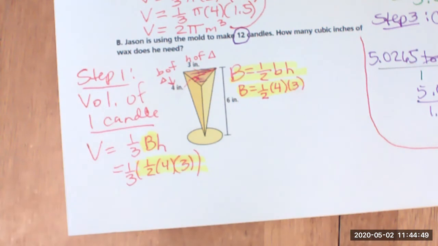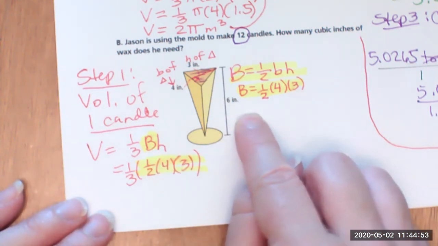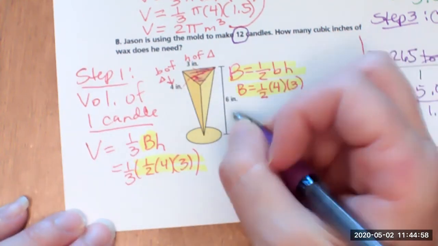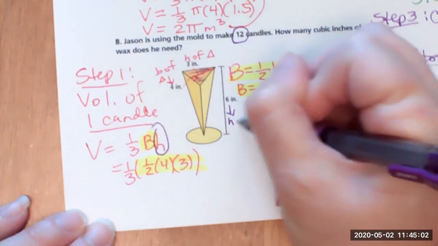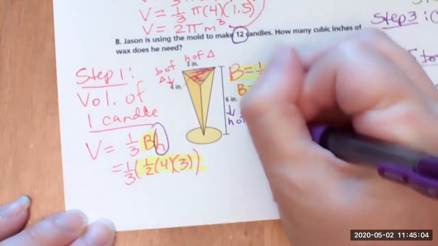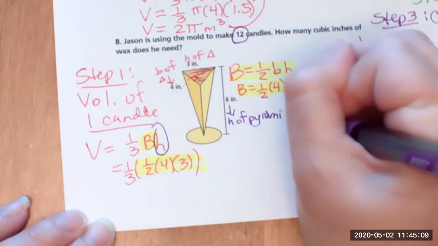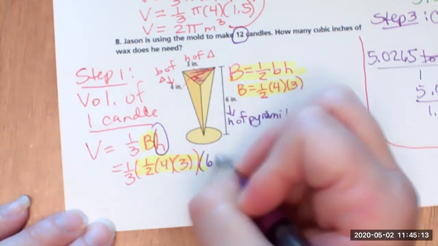But then we also have this other h, and you have to be really careful because they're both lowercase h's, but they're different values. This lowercase h over here is the height of the pyramid. So in that case, the height of the pyramid here is 6.